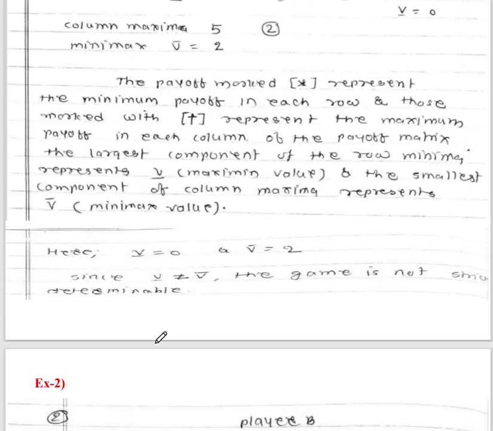Third case: if lower V bar equals upper V bar equals 0, then the game is strictly determinable and fair. You have to remember these 3 points.